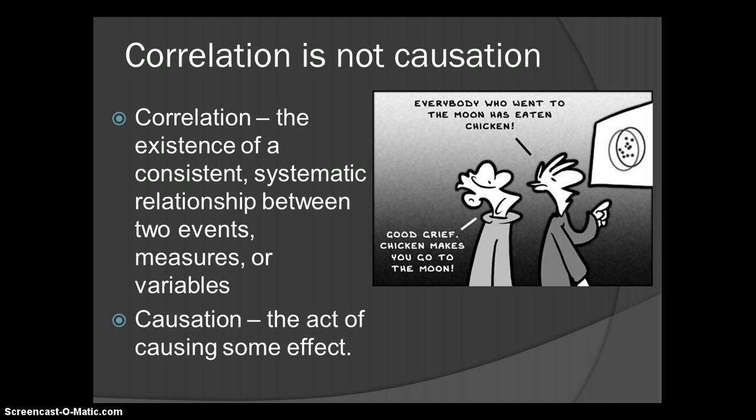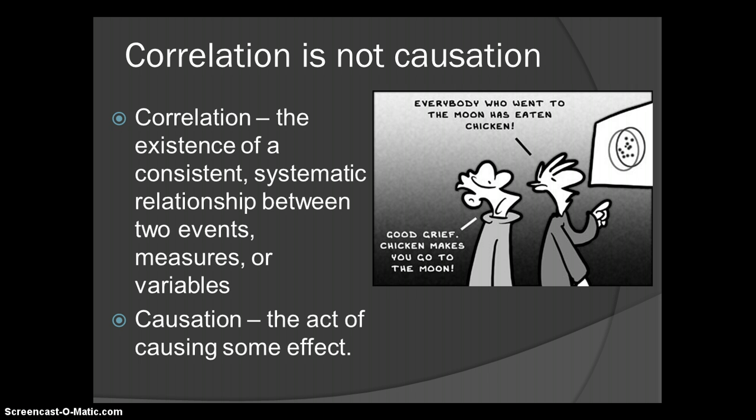Correlation is not causation, and it is a very important statement. First of all, correlation is the existence of a consistent systematic relationship between two events, measures, or variables. Causation is the act of causing some effect. So for example, in this picture we see everybody who went to the moon has eaten chicken. Good grief, chicken makes you go to the moon.